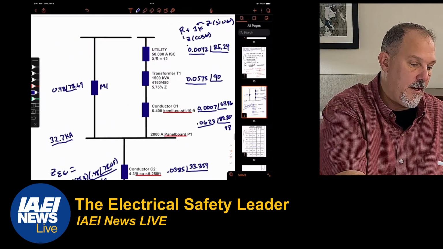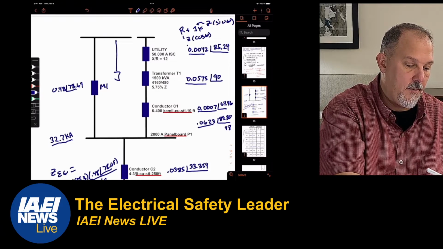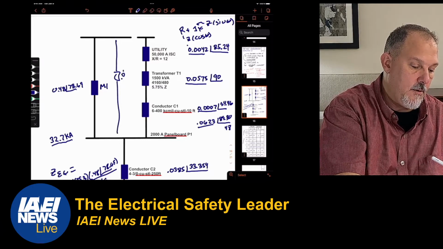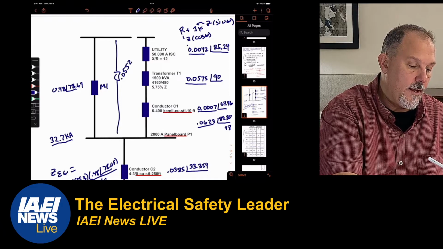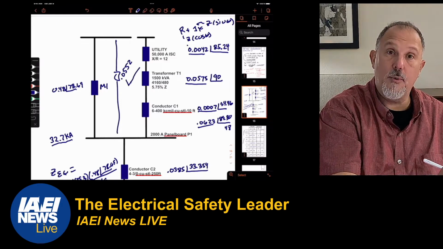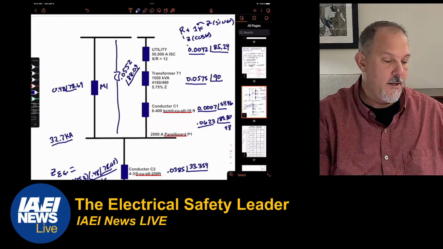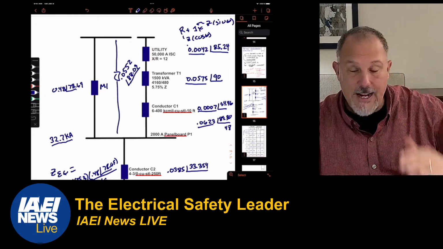So all of this can be replaced with one impedance, 0.0552 at an angle of 88.09. And how did I get 0.0552 at an angle of 88.09?